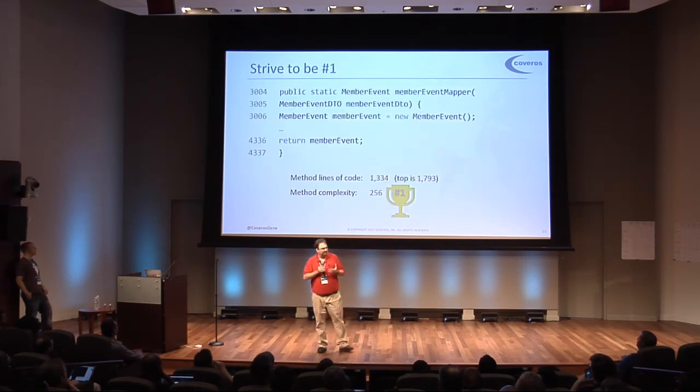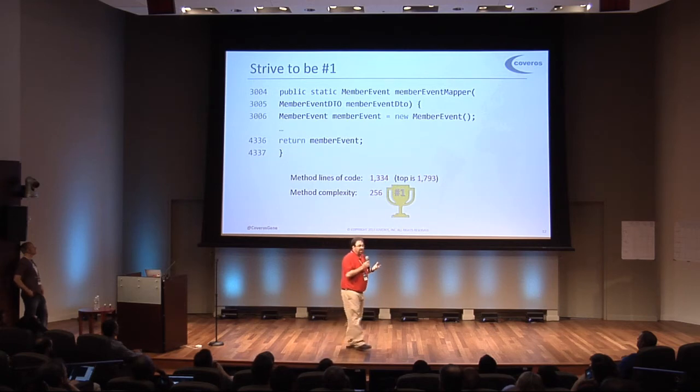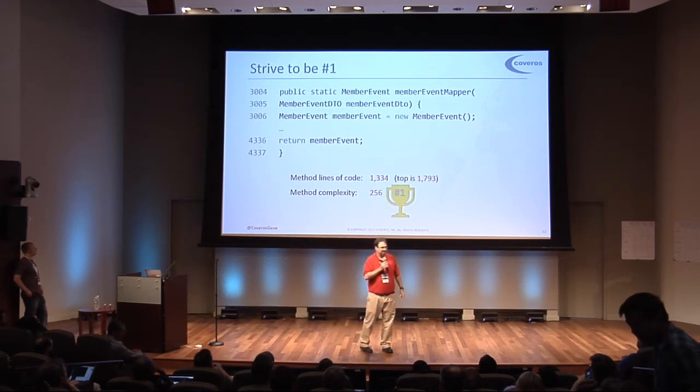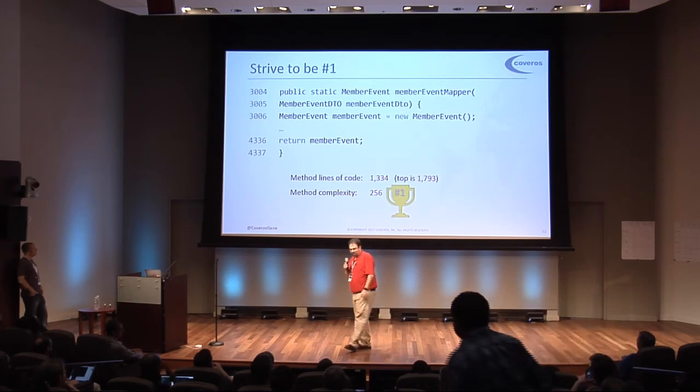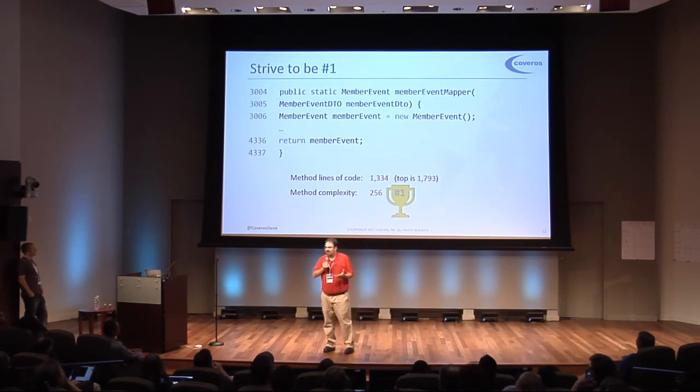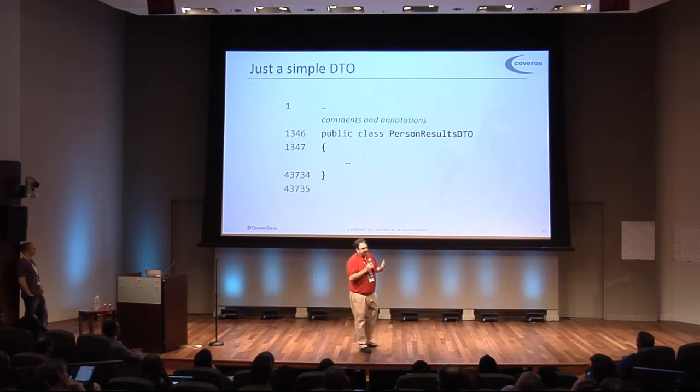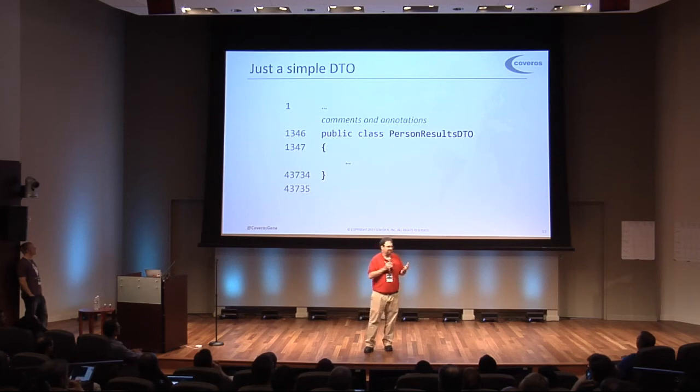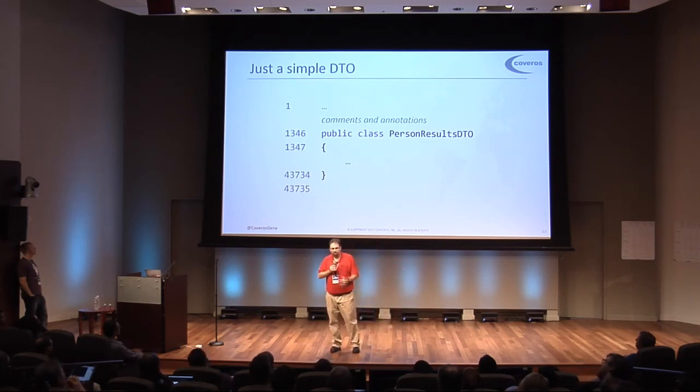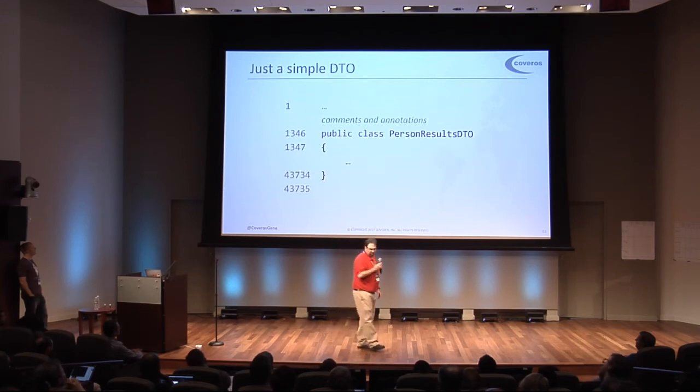Like this particular method's only 1,334 lines long, well short of the record, but it is 20% more complex than its nearest competitor. And that can lead to some long classes. This class has no business logic and 638 fields. So it just gets over the 1,000-line limit by 42,735 lines.